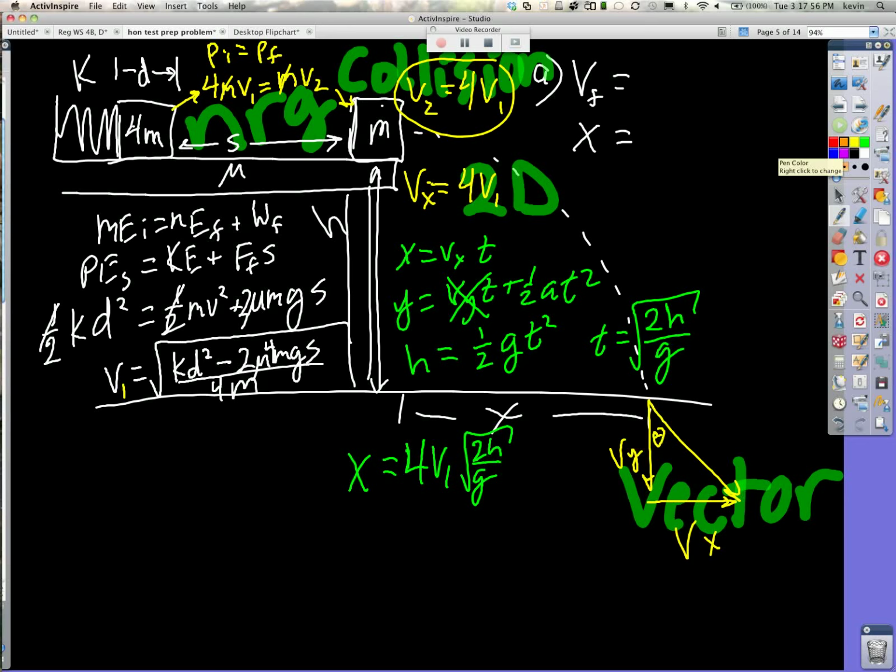V0 was 0 in the y direction, so that gives me the acceleration, which is gravity, times the square root of 2h over g. Right, so that's the velocity as it gets to the bottom. You could also use v squared is equal to v0 squared plus 2ax. Yeah. But that's only the velocity of the line.